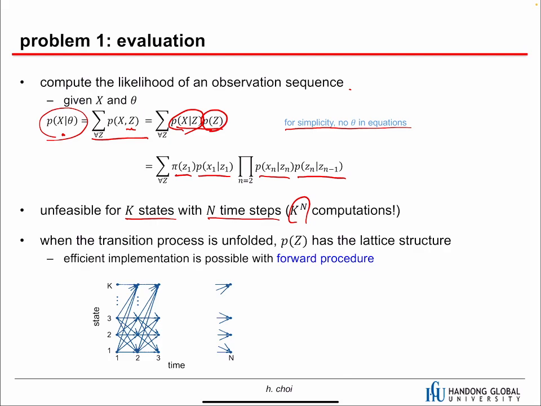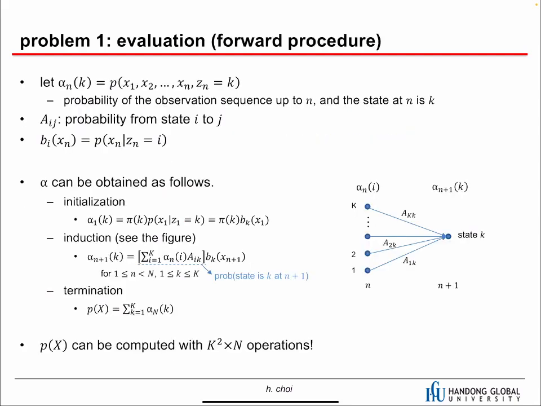So we're going to use dynamic programming. Efficient implementation is possible with the forward procedure. So we use dynamic programming in the next slide. For all the problems, we will define some functions. For the first problem, we define alpha. Alpha is the probability of the observations from 1 to n, and the state at n is k.